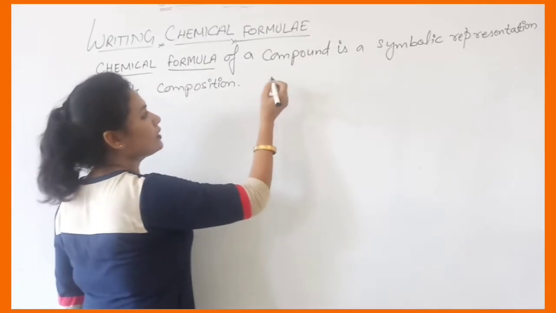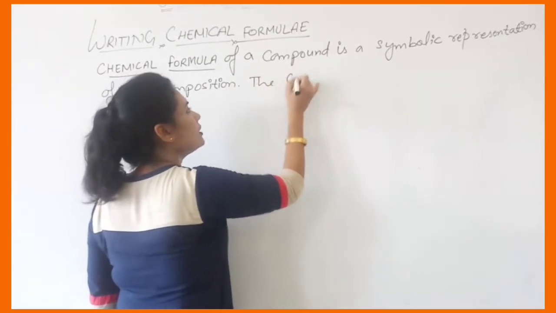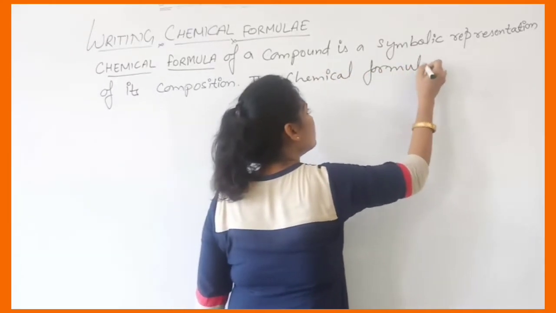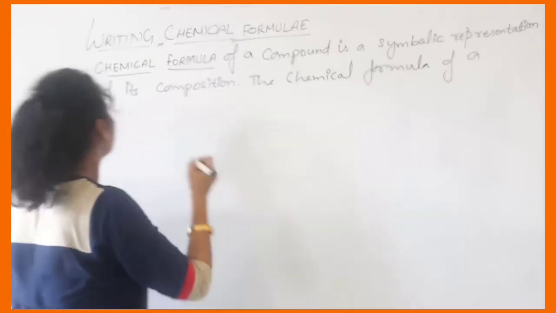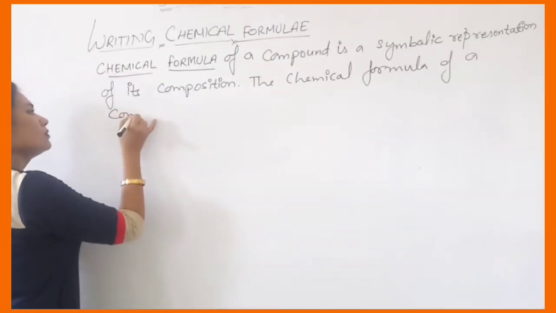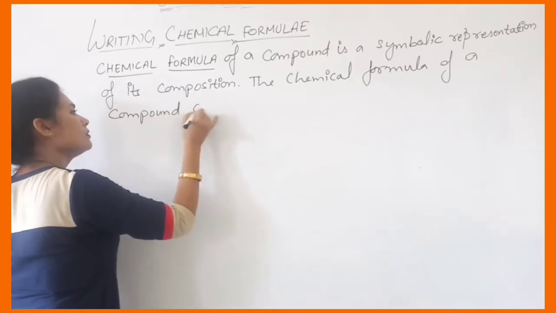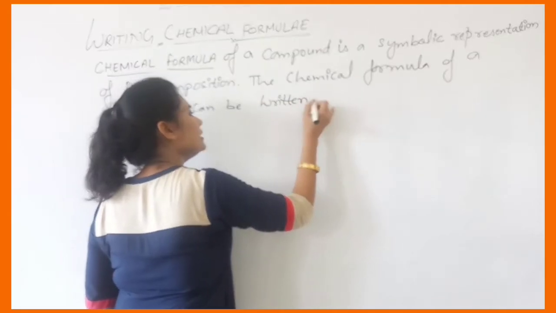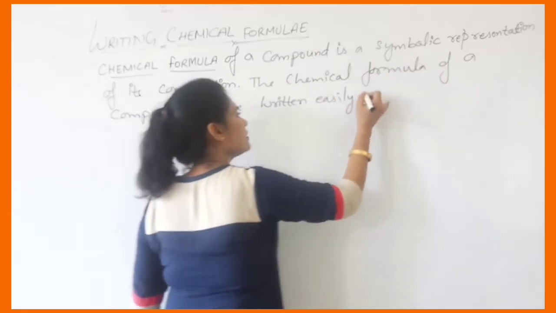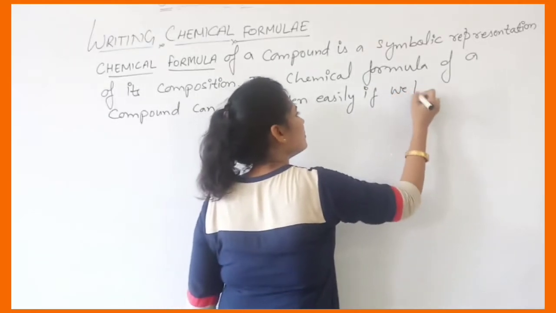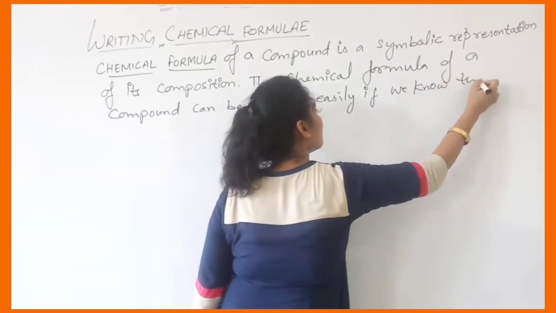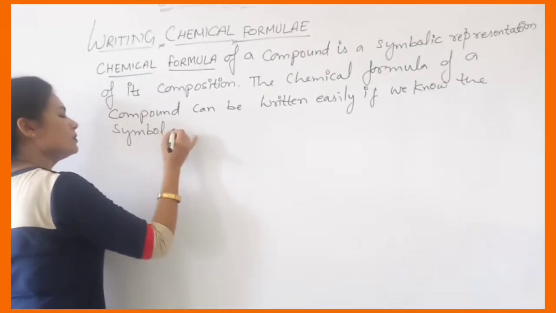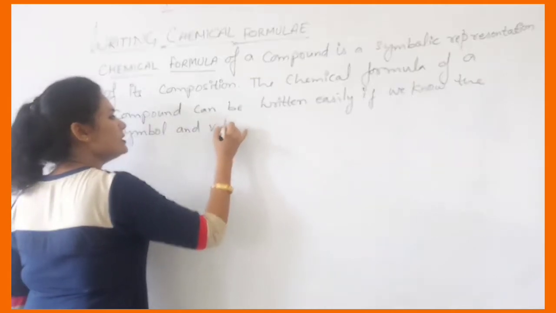So we can write that also: the chemical formula of a compound can be written easily if we know the symbol and valency of the element.